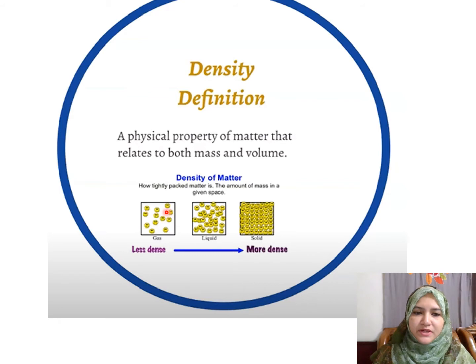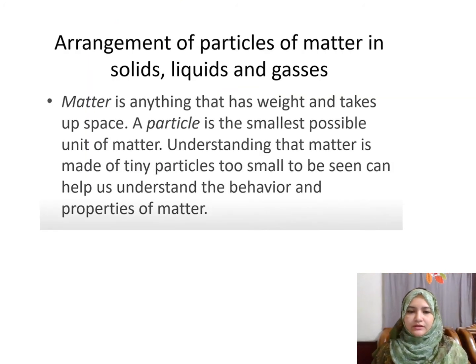The arrangement of particles of matter in solids, liquids and gases. As you know, matter is anything that has weight and takes up space. A particle is the smallest possible unit of matter, which is known as an atom or molecule.